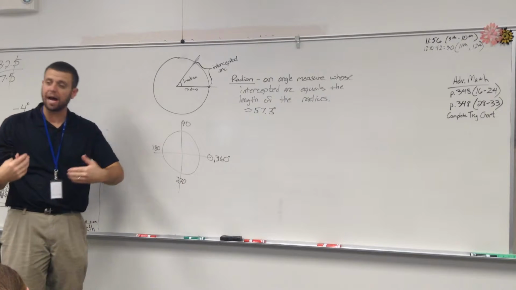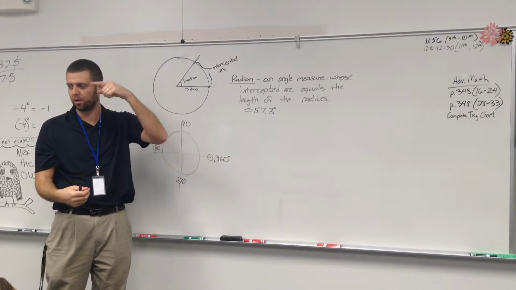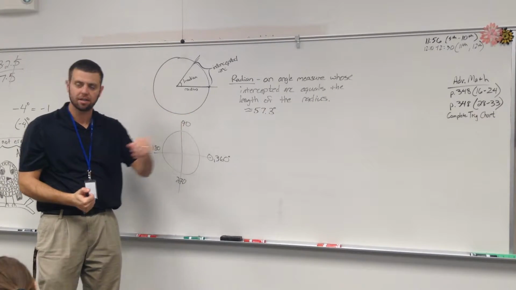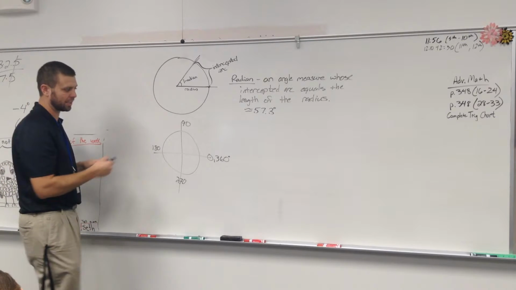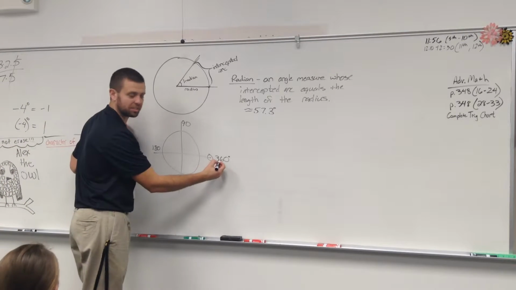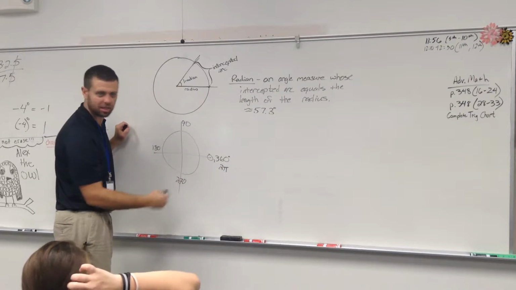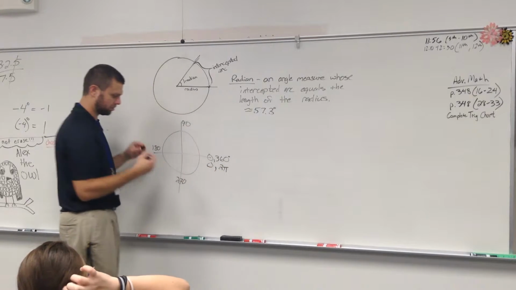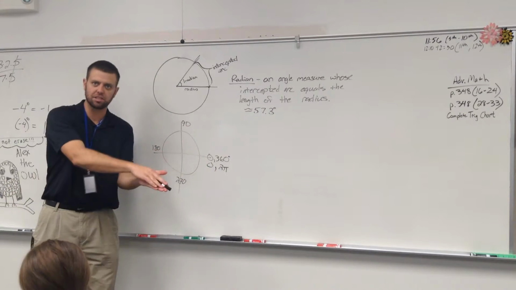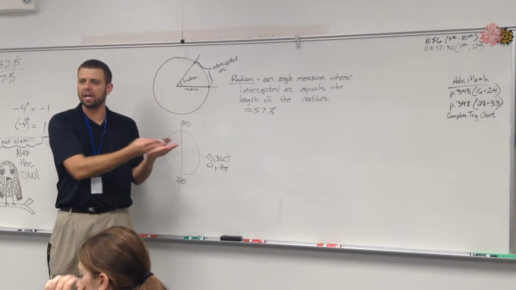It takes 2 pi radii to go all the way around the circle, or 2 pi r to go all the way around. So that's also why 360 degrees is the same thing as 2 pi radians. They are equivalent amounts. Okay, 360 degrees is 2 pi radians.